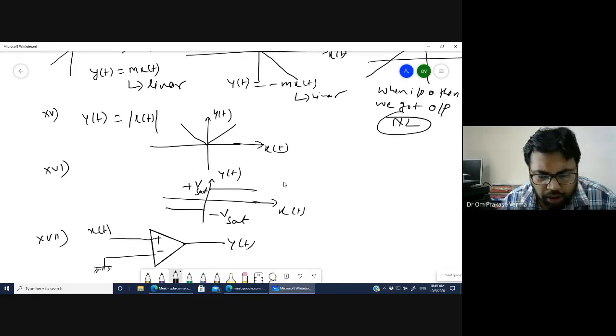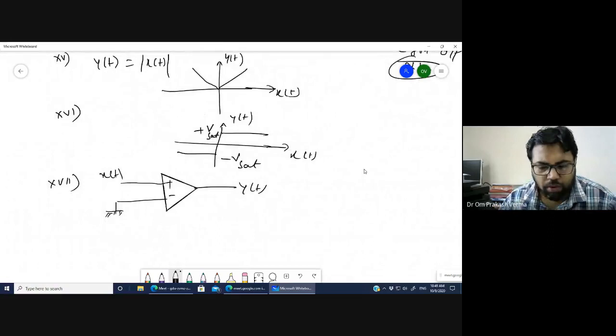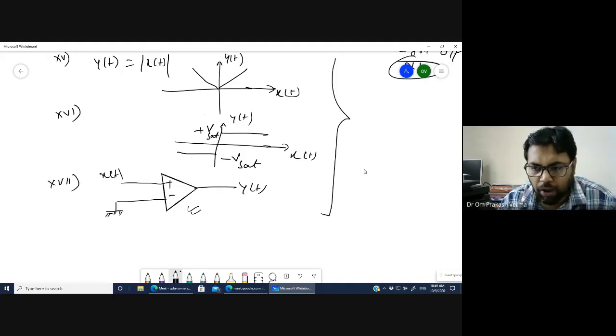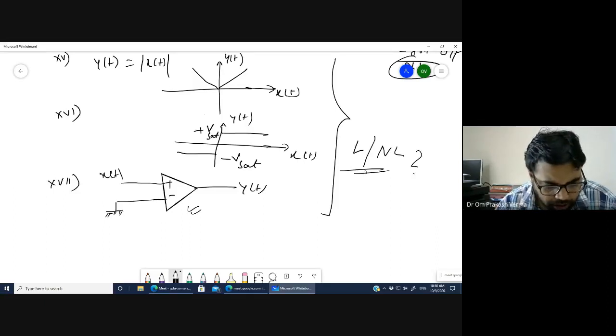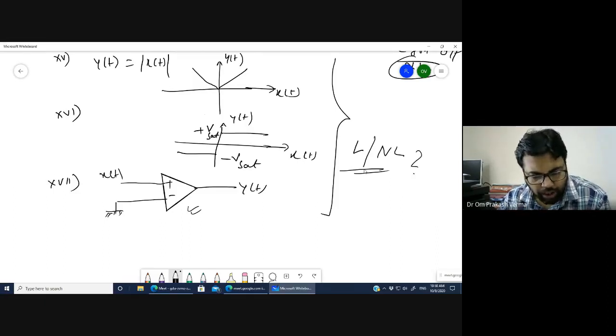You already know, I think, or I hope you already know the concept of amplifier. Okay, op-amp, how the problem of op-amp can be solved, right? So you have to comment on these three problems. On these three problems, either the linear or the non-linear, right? Okay.